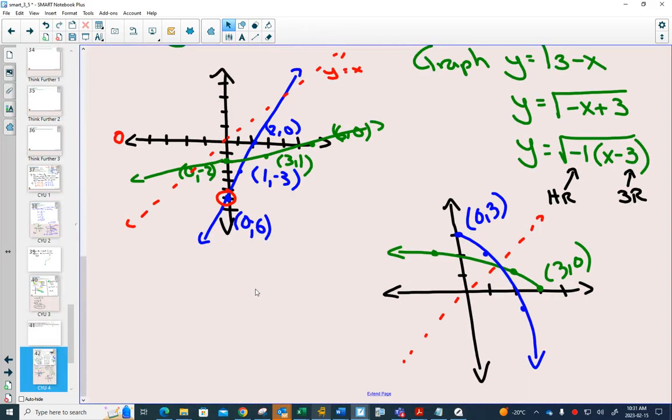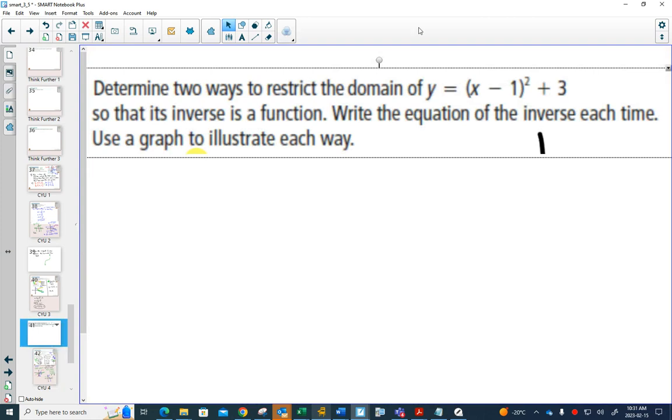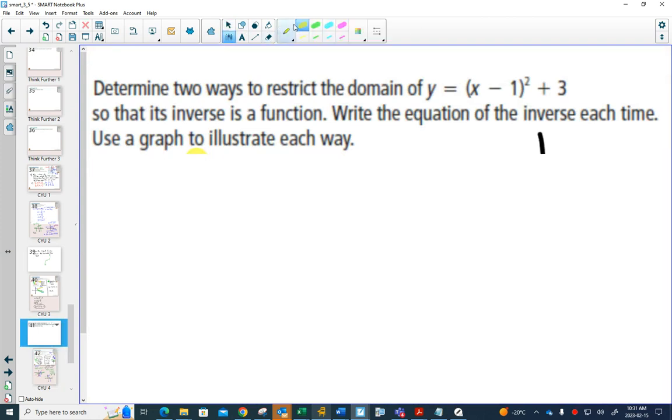Is everybody done with example 4? So let's do another example like this. I have one on your take-home quiz that you're going to get tomorrow.